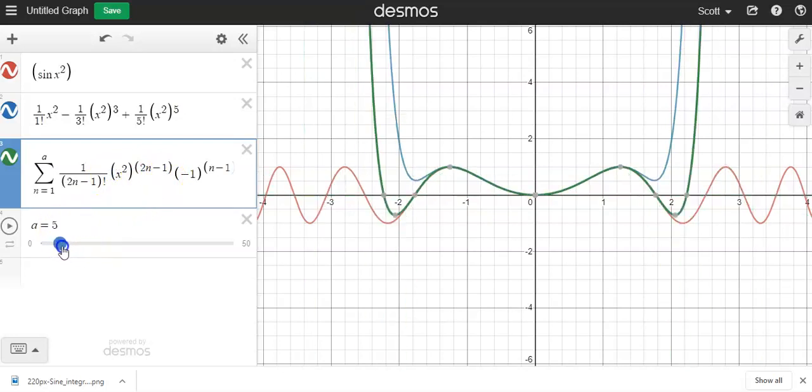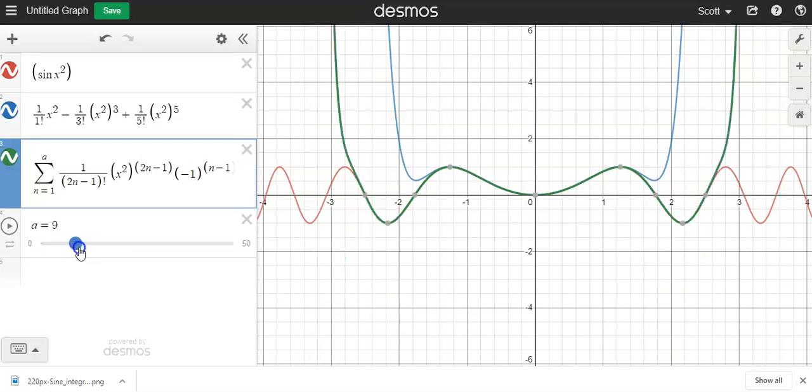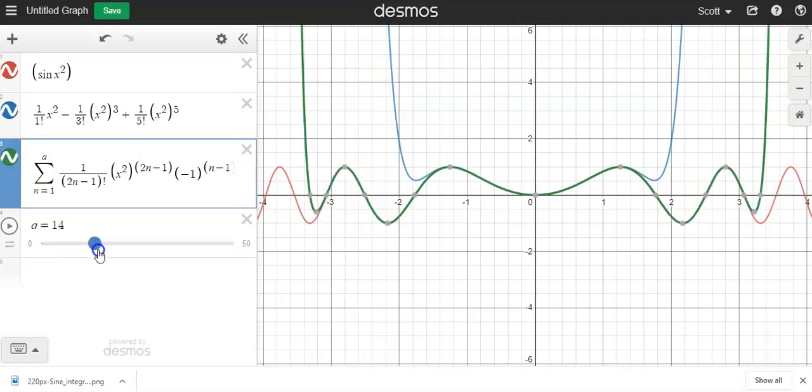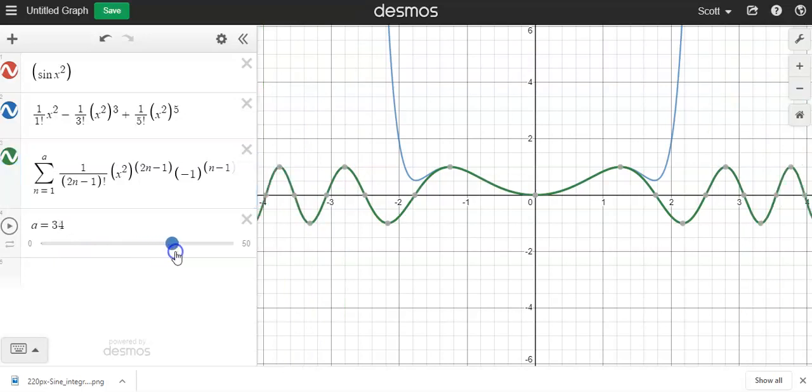Do you believe? How about now? How you doing? Do you feel good? The more terms we add, the better the approximation. And yes, the green Taylor series approximation does model, does follow, does converge on top of that red sine of x squared function really well.